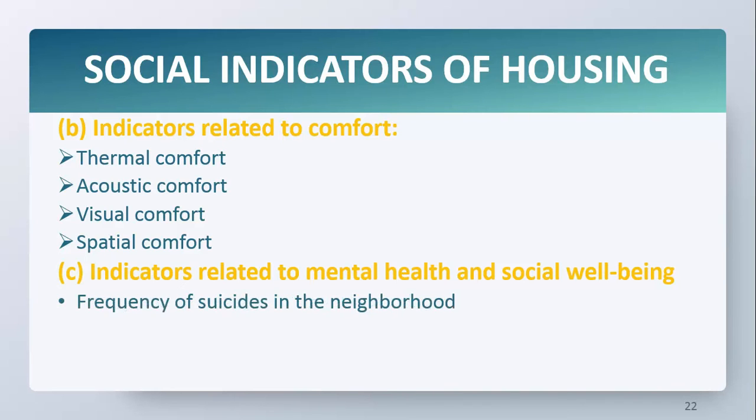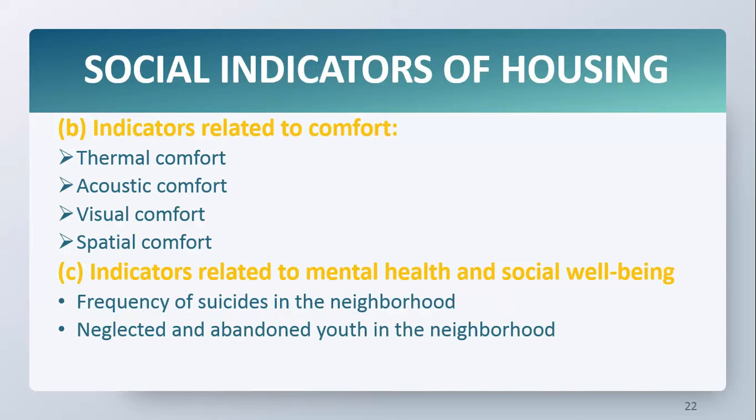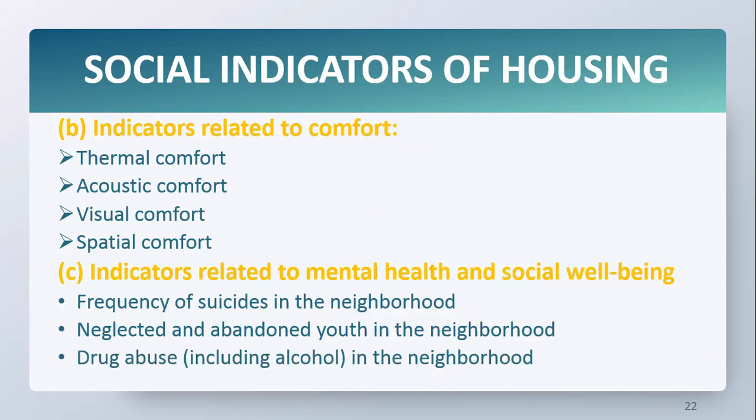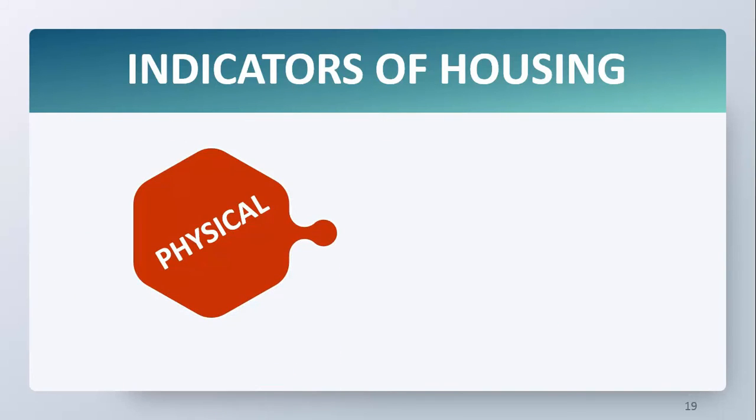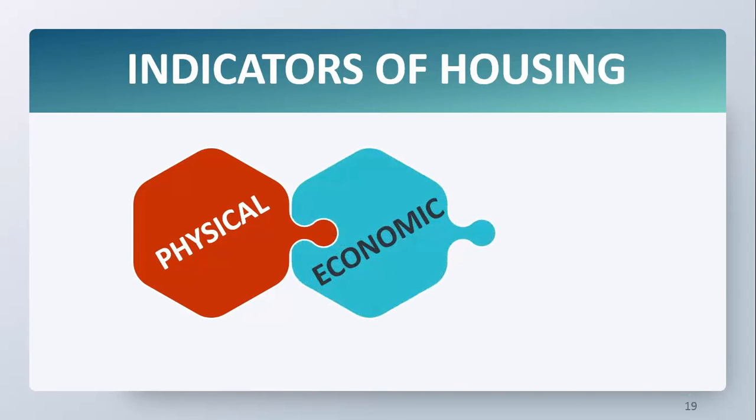These are frequency of suicides in neighborhood, neglected and abandoned youth in neighborhood, and drug abuse including alcohol in the neighborhood. So these are the indicators of housing. Once again, indicators of housing are the physical indicators, the economic indicators, and the social indicators.